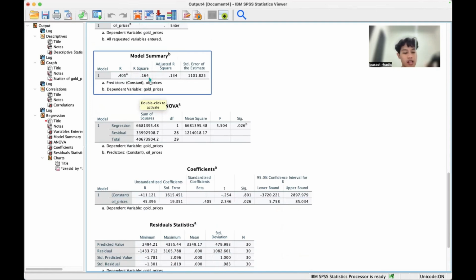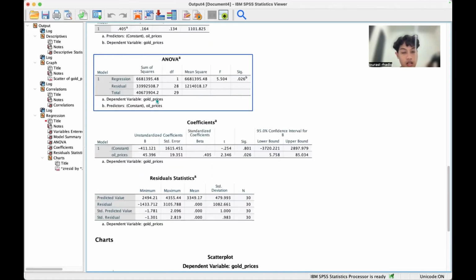What it means is that 16.4% variation of the gold prices can be explained by the changes of oil prices, meaning only 16% of gold price changes can be explained by oil. For the rest, which is 83.6%, they have other factors.